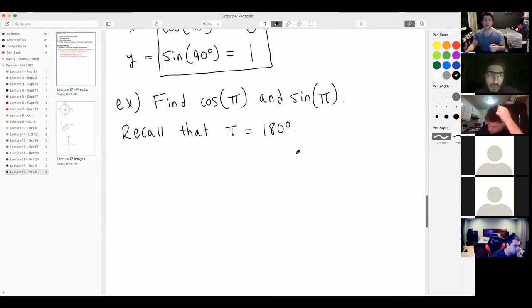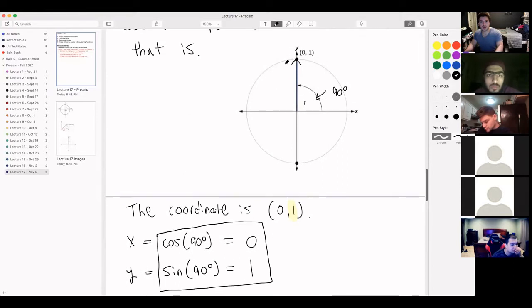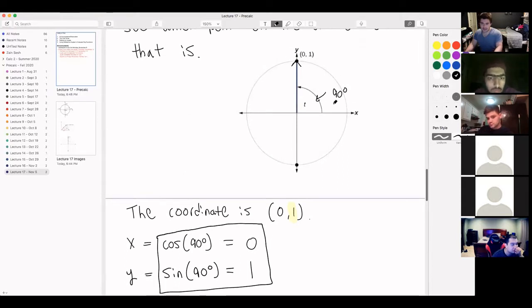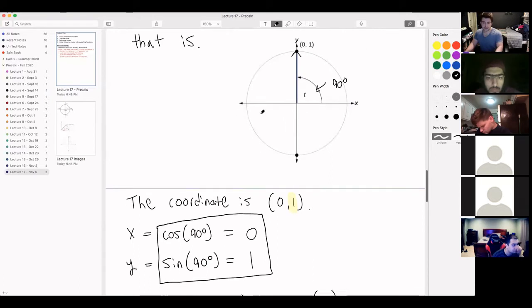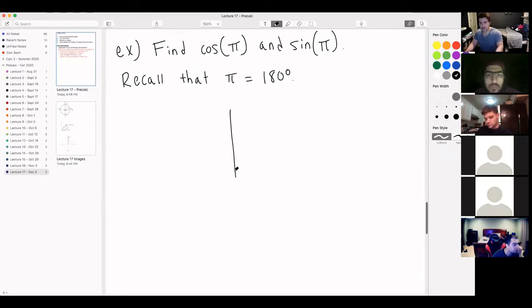Unfortunately, I don't have an image for this. I'm going to have to draw it myself, so just bear with me. I want to draw an XY axis, a unit circle, and 180 degrees. Here's my XY axis, here's my origin. I will draw a circle of radius 1.